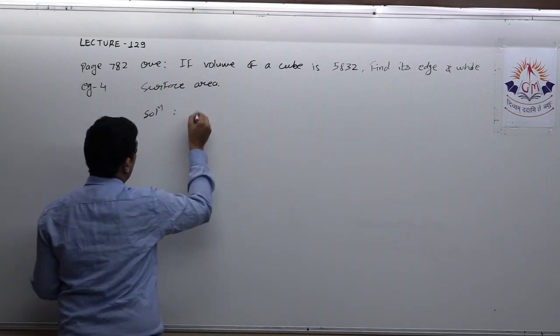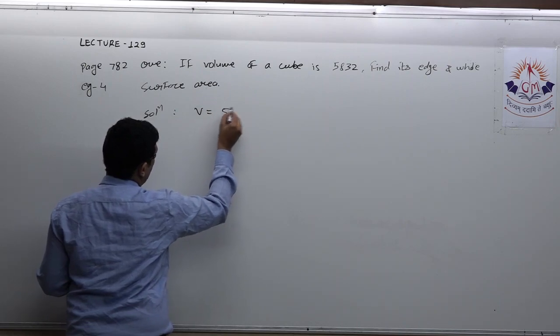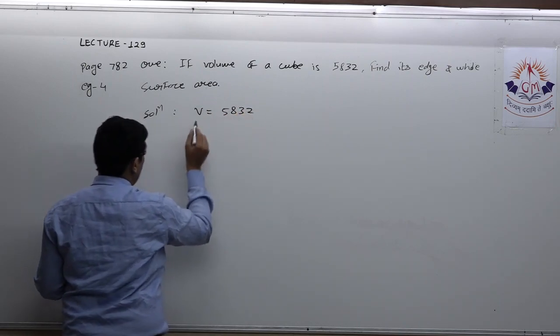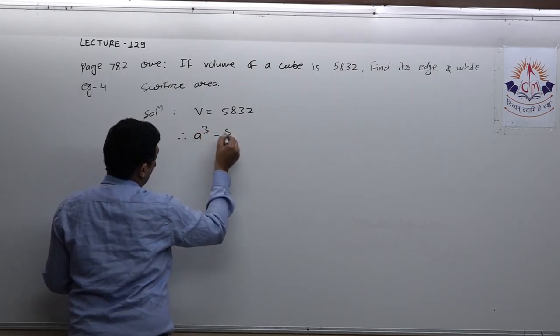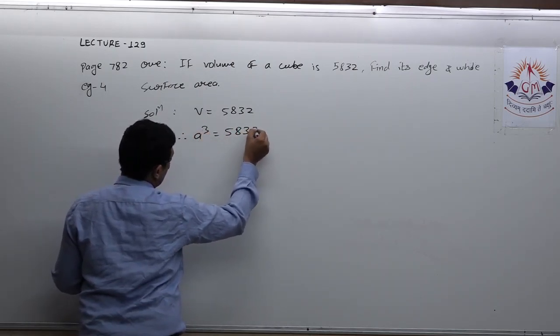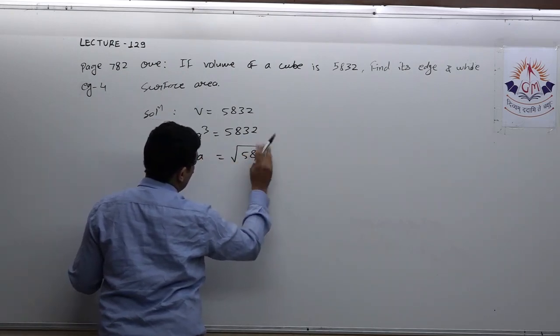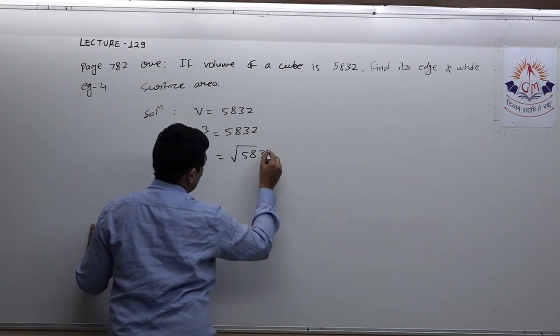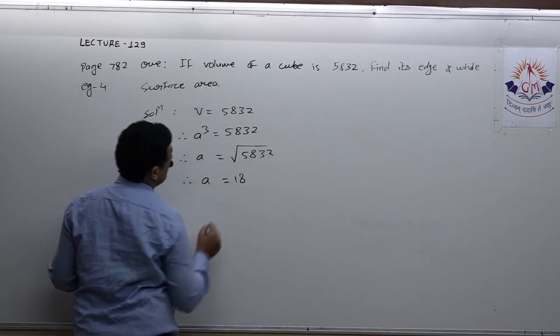So volume is equal to 5832, and according to the formula, volume of a cube is a cube. Therefore a is equal to cube root of 5832. So here a is equal to 18.